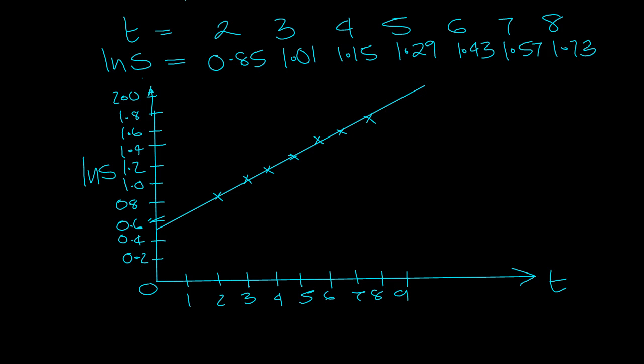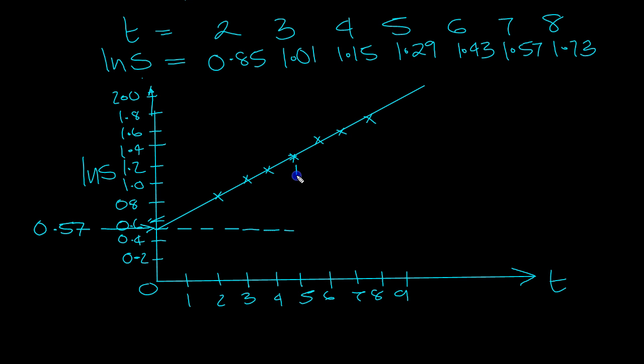Now I'm going to draw a triangle underneath it then. The intercept I can read off here. I'm going to read that off as 0.57, and I'm going to draw a gradient now from 0 to say 5, and I've got to put 5 then.